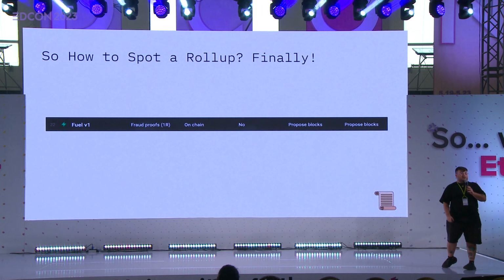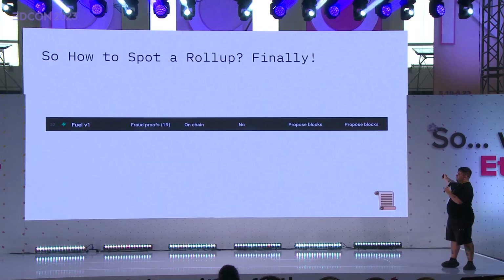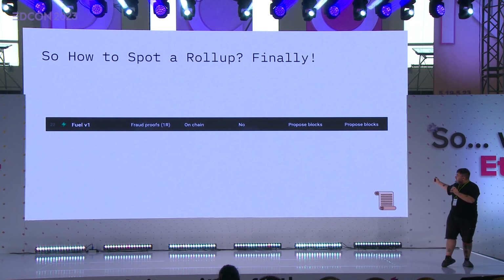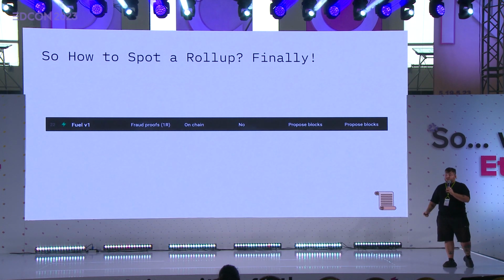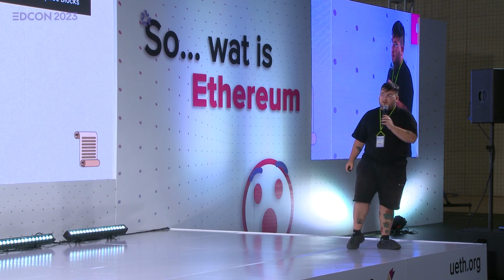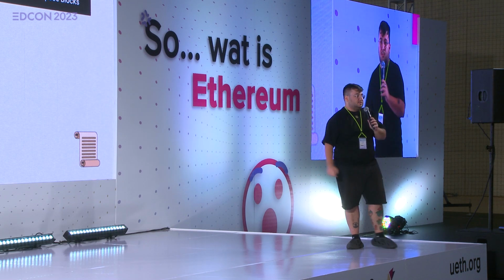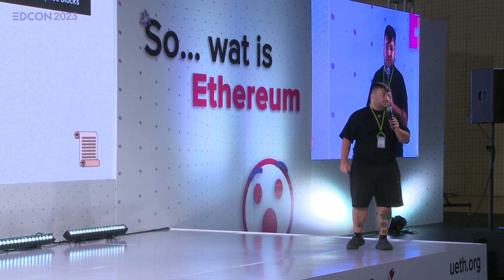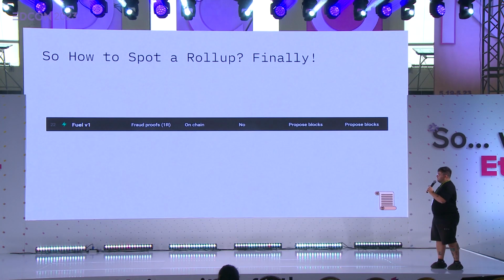So now that we got through all the properties, this is the only rollup on L2Beat that actually complies with the definitions that I listed before. Unfortunately, it's not a general purpose rollup, it's a payment rollup, so you can only transfer money from one person to another, and it also has $8 of TVL, so not a lot of people use it.